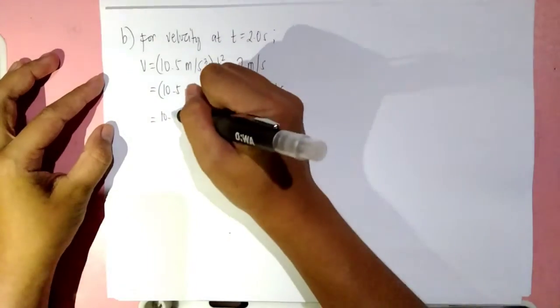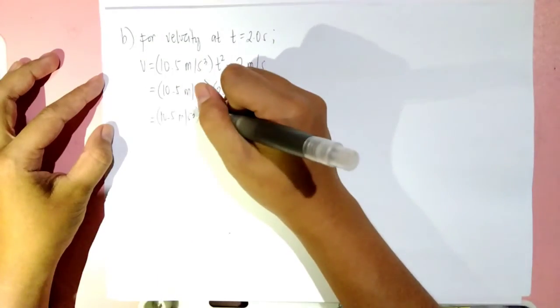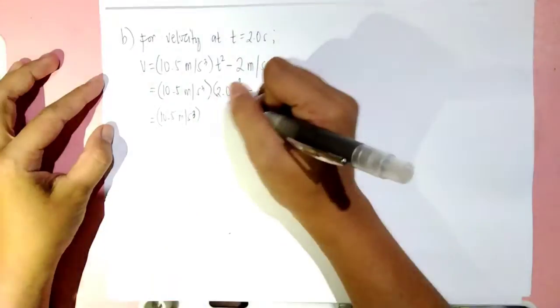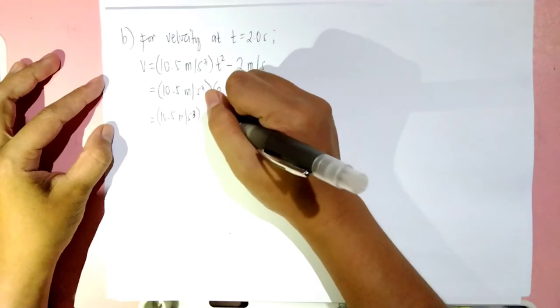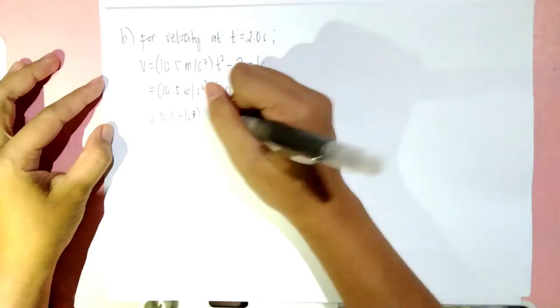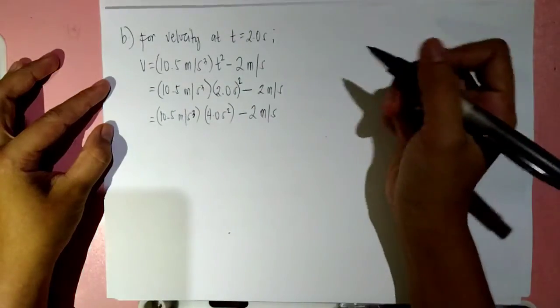Let's copy first 10.5 meters per second cube. We'll do the step-by-step process so you won't get confused. Square of 2 seconds is 4.0 seconds squared minus 2 meters per second.